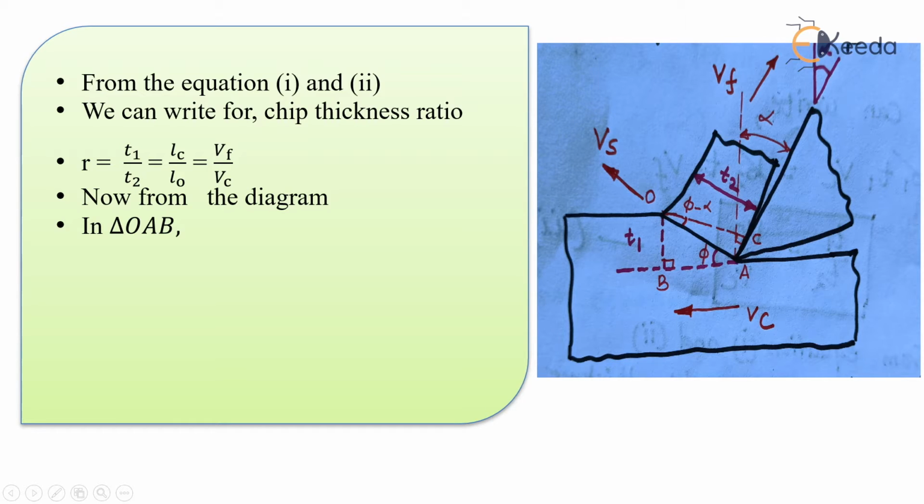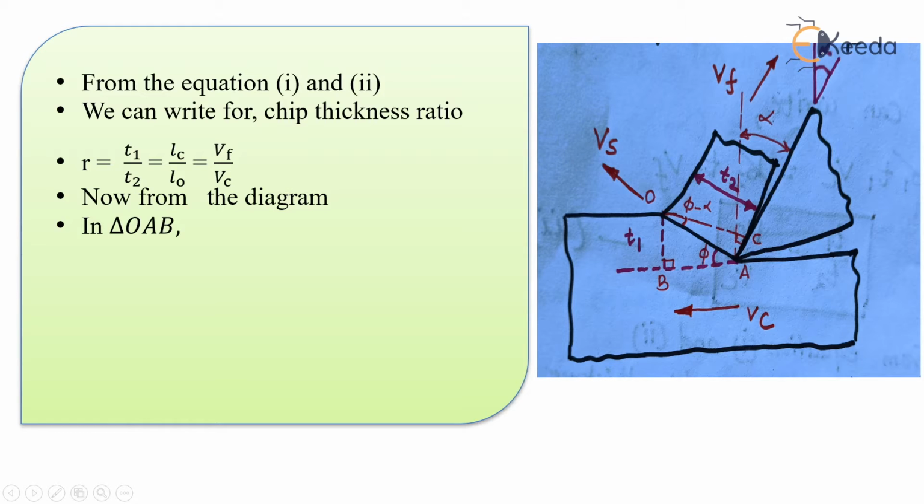If this is phi, and this, we know, is the rake angle, the angle between the rake face and this line, basically the slope along the longitudinal direction on the rake face of the tool, then this is the rake angle alpha.